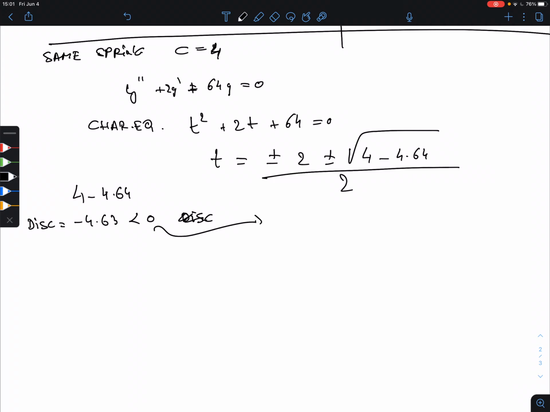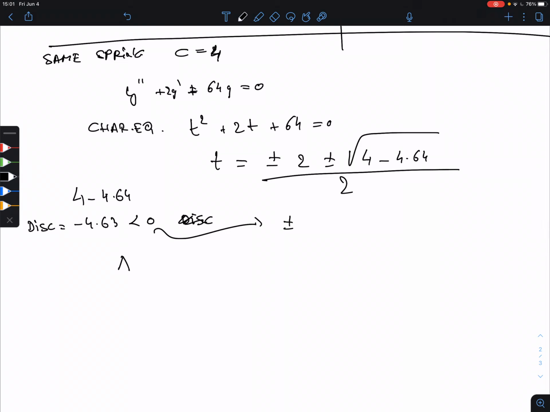We know what happens then. Unfortunately, for the square root of this thing, why did I have a plus minus here? That was really silly, this is just minus b. So minus 2 plus or minus i times the square root, because it's a negative number, so I take that out, 4 times 63.